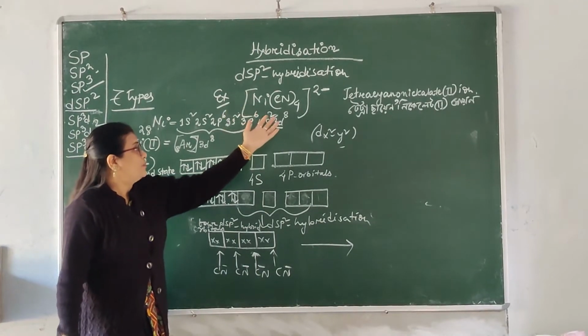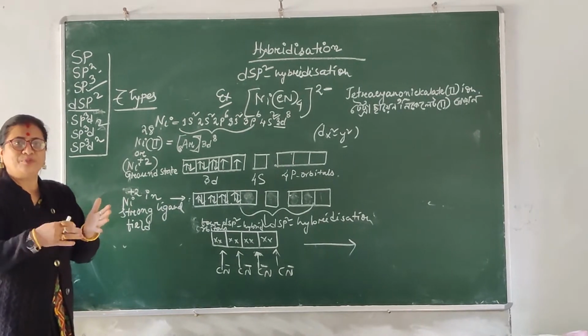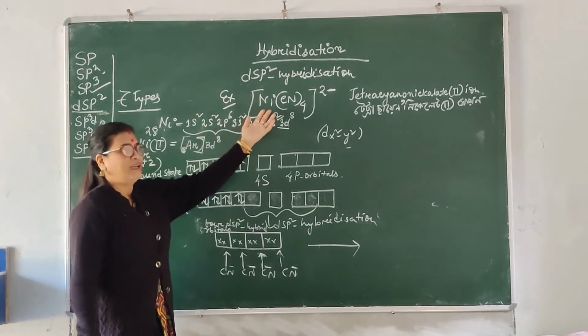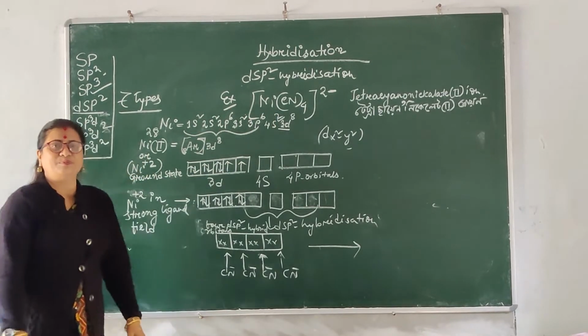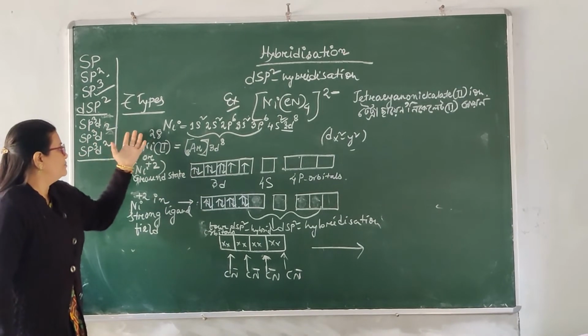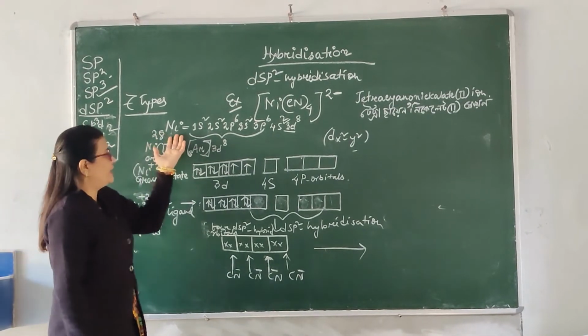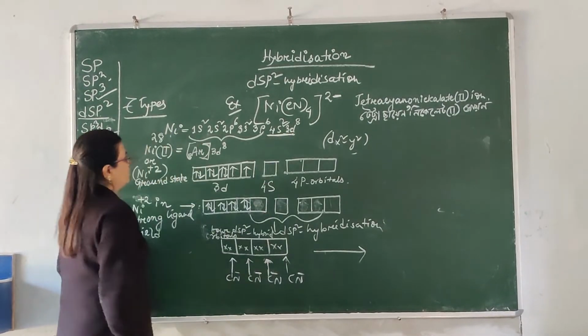In this complex, the 4 cyano ligands donate 4 electron pairs to the nickel orbitals. That means here nickel is in the dsp2 hybridized state. In the neutral state, nickel has the valence configuration 3d8 4s2.